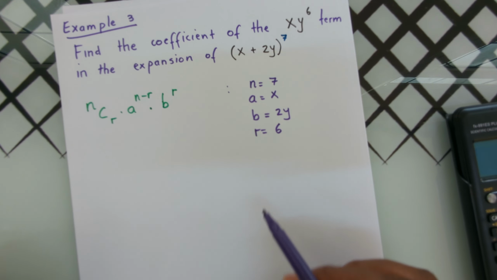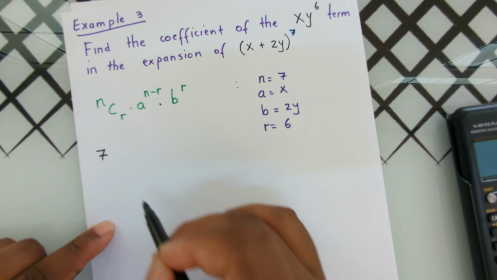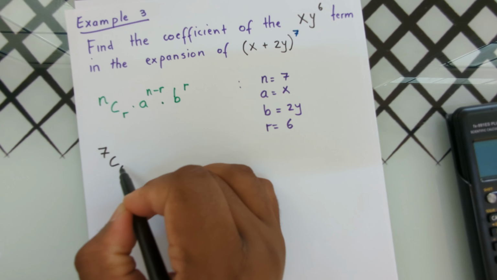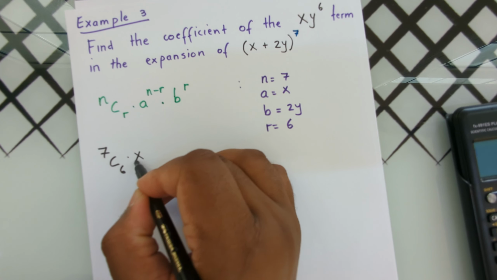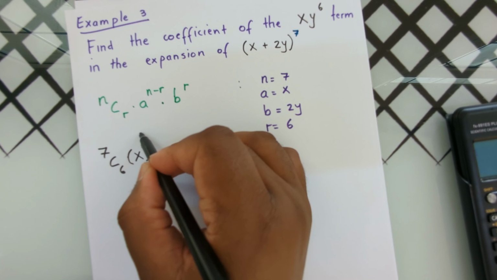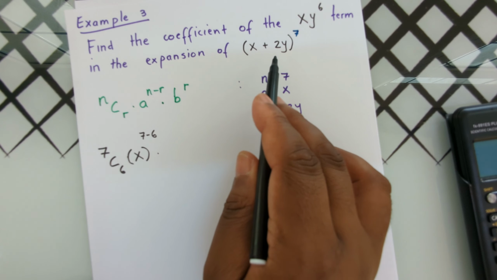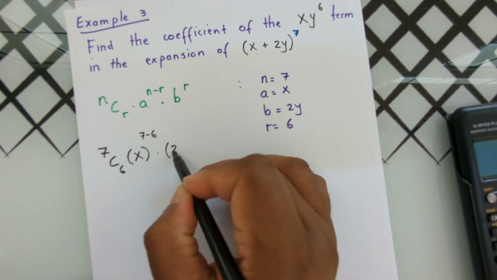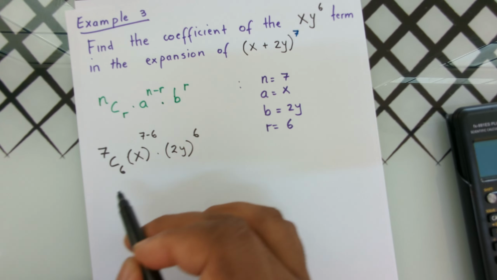Now let's plug these into our binomial theorem formula. So it's going to be n, which is 7, choose 6, multiplied by our a, in this case x, to the power of n minus r, and our n is 7 minus our r is 6, multiplied by b, our b is 2y, all raised to the power of r, and our r is 6.